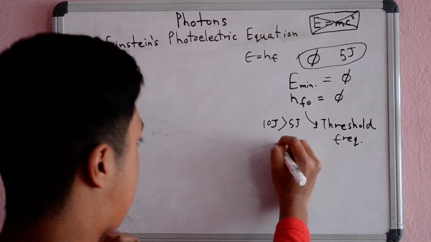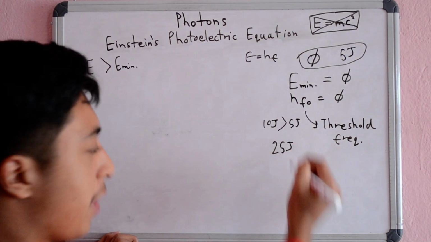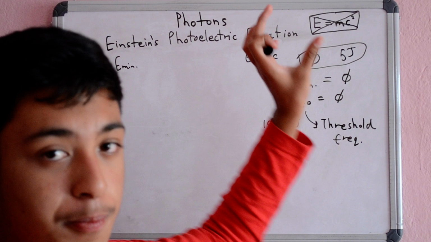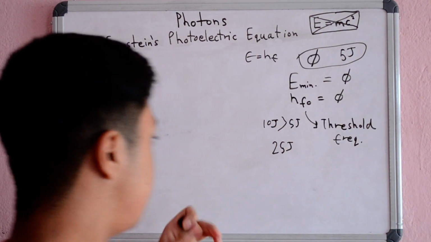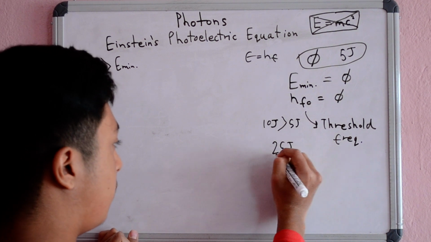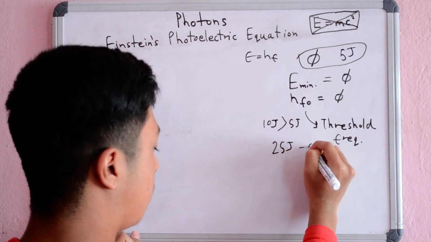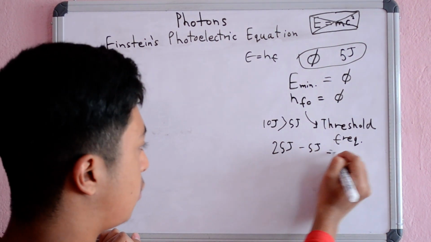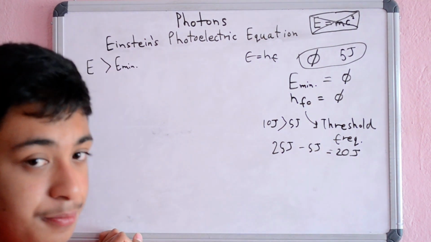So that means if we have 25 joules of energy of the upcoming photon, sorry, of the radiation, then the work function will absorb 5 joule, and the rest will be converted into kinetic energy.